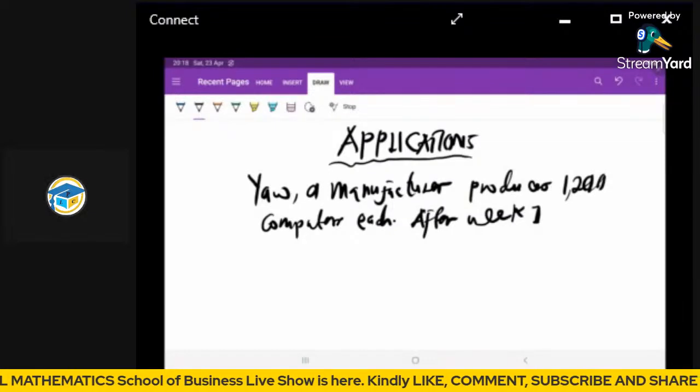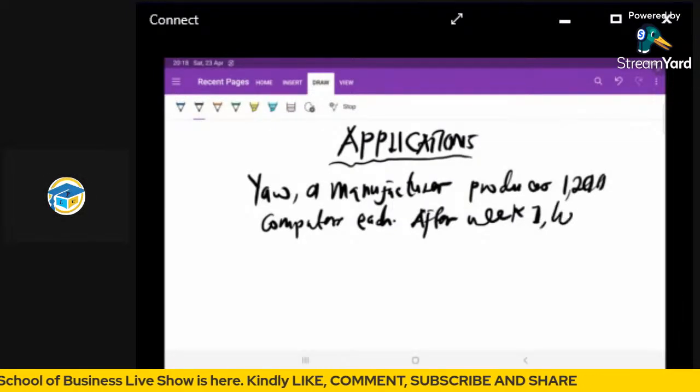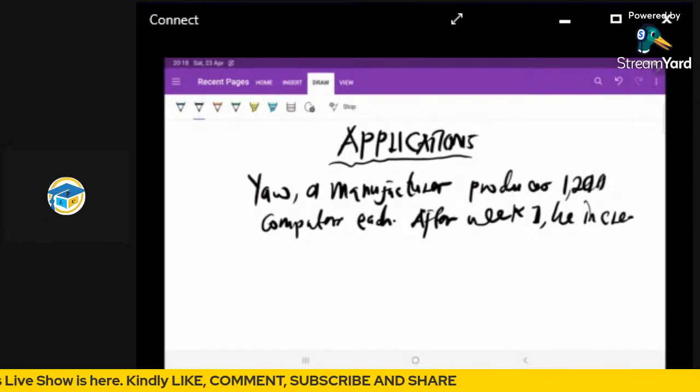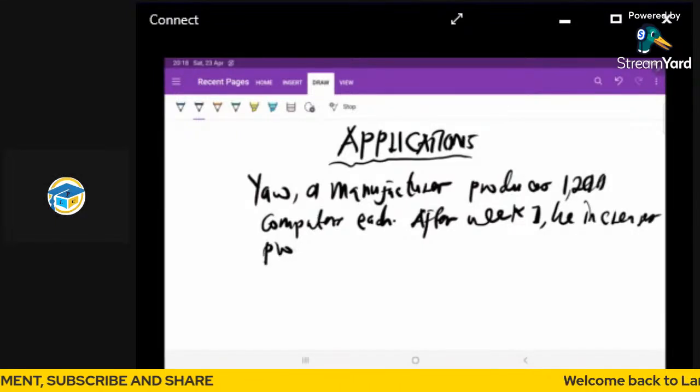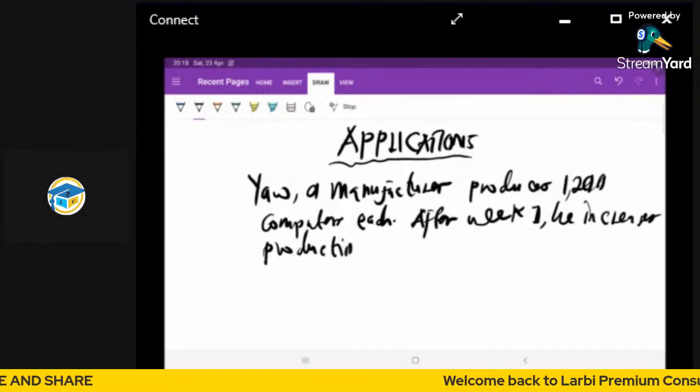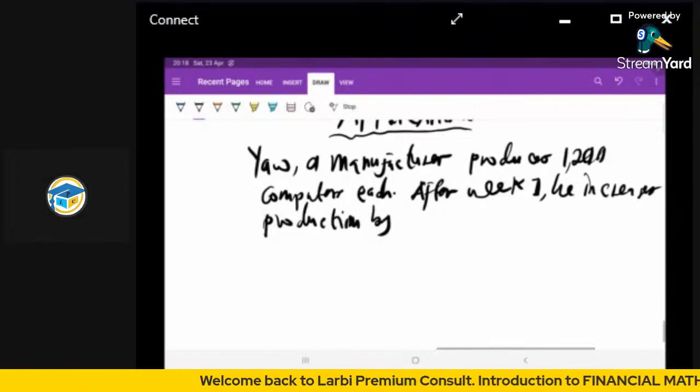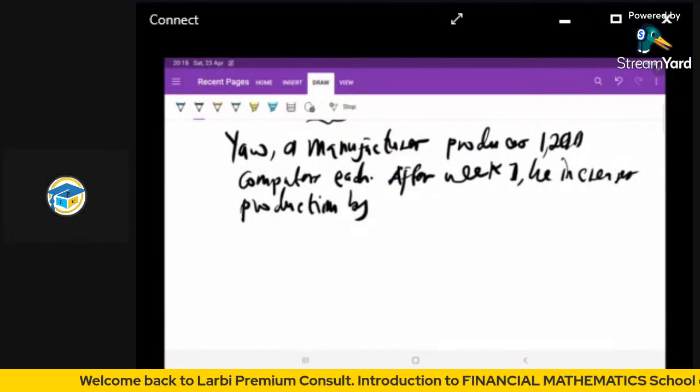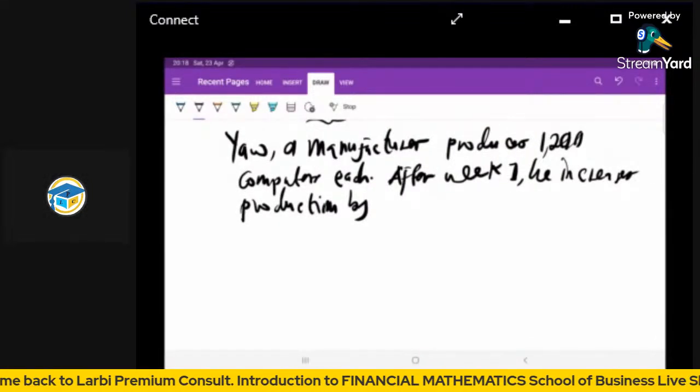After week one, he increases production by a certain amount. With the production, we have the scales. We have the first scheme and the second scheme.